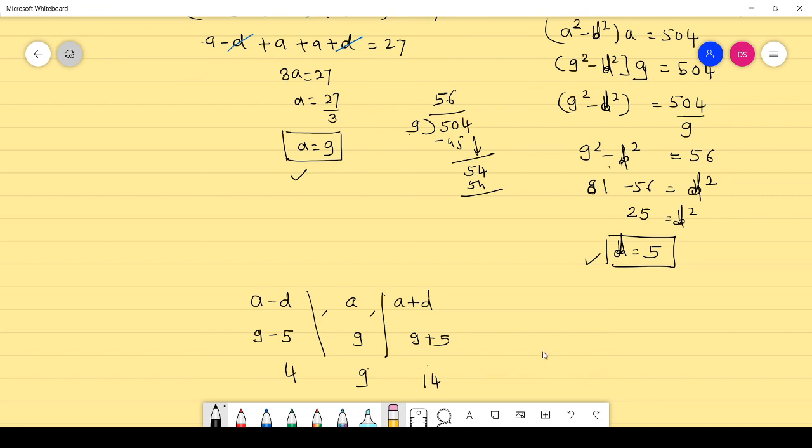Then you can say that 4, 9 and 14 are three consecutive terms, and they are in increasing order. They are definitely three consecutive terms in AP because they have a common difference: 9 minus 4 is 5, and 14 minus 9 is again 5. So the common difference is constant, therefore these are the terms of the AP.